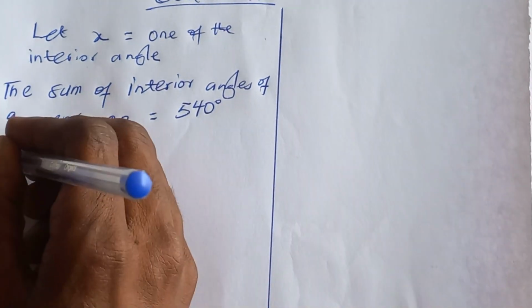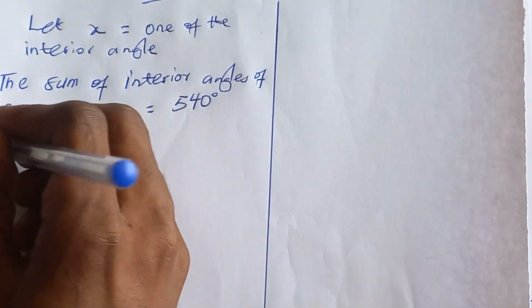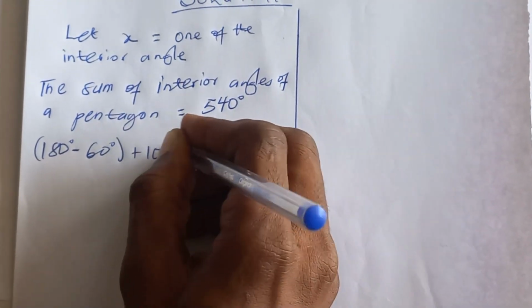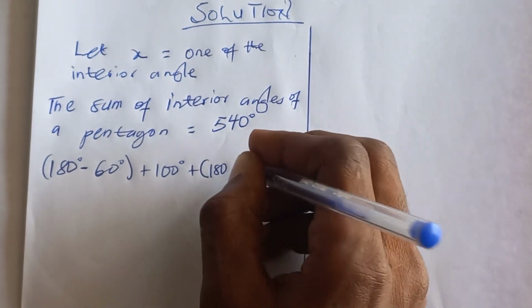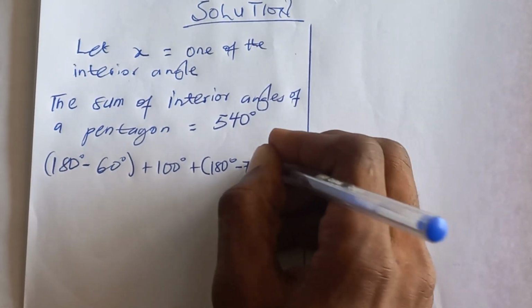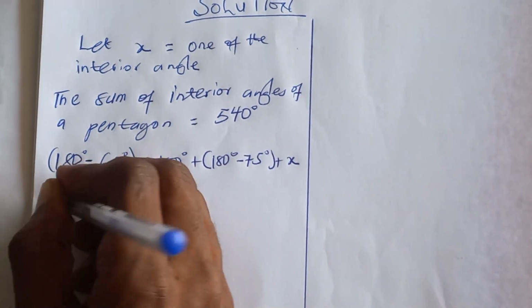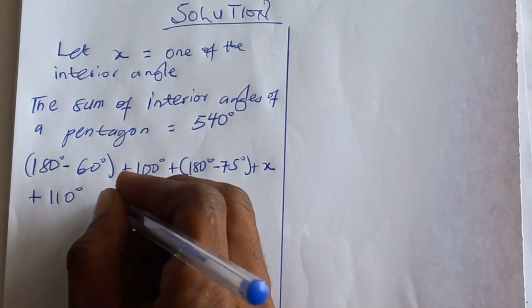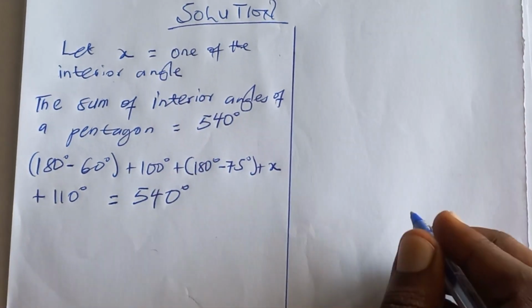We have 180 degrees minus 60 degrees plus 100 plus 180 degrees minus 75 degrees plus x plus 110 degrees is equal to 540 degrees.